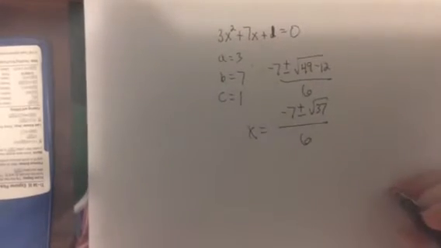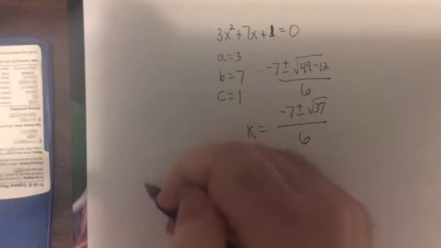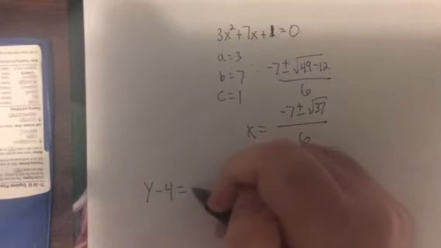Now, I want you to do 2 parabolas for me, and then that's it for today. So today is sort of an easygoing day.